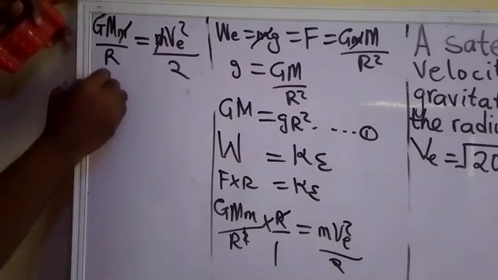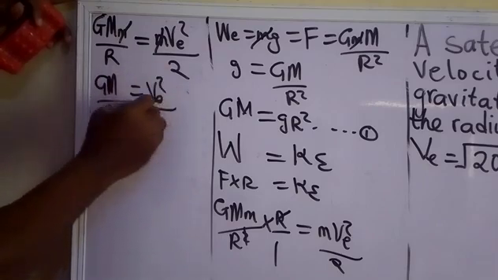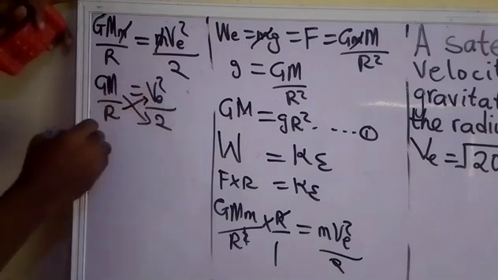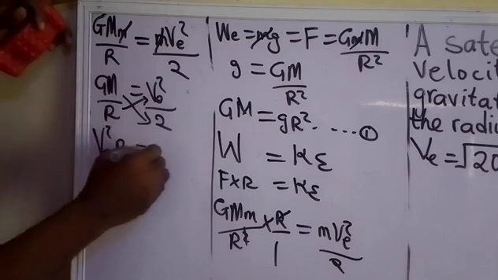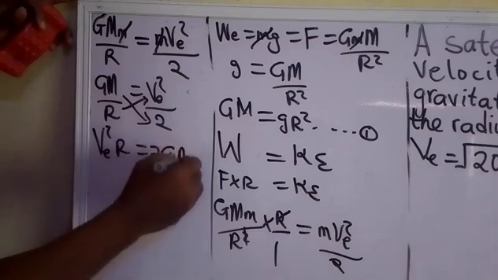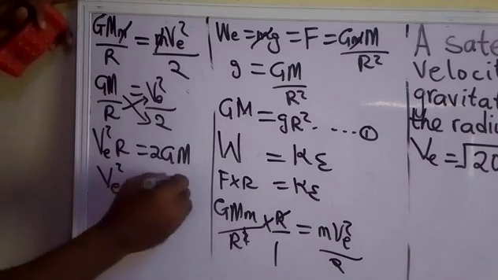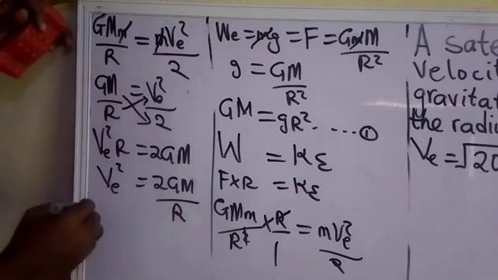We have G capital M upon R equal to v_e squared upon 2. When you cross multiply, okay, you have v_e squared R equal to 2GM. That means v_e squared is 2GM upon R.